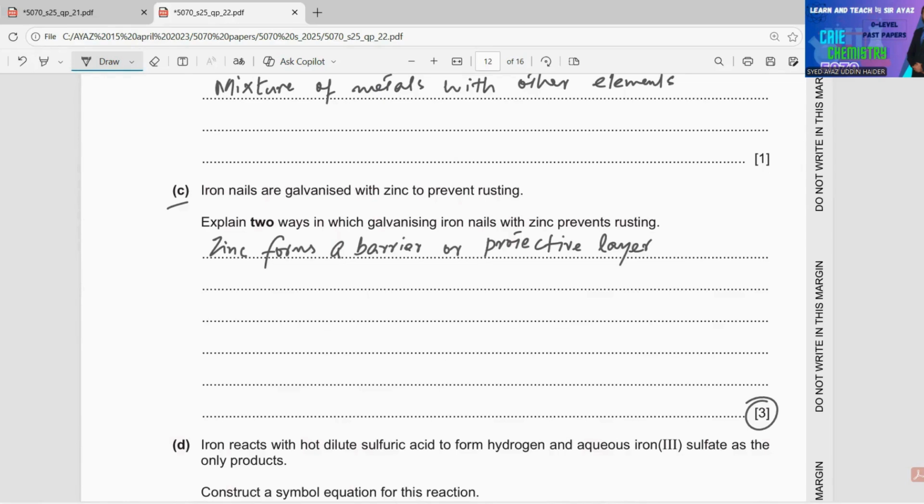That layer of barrier prevents oxygen or water reaching the surface of iron.